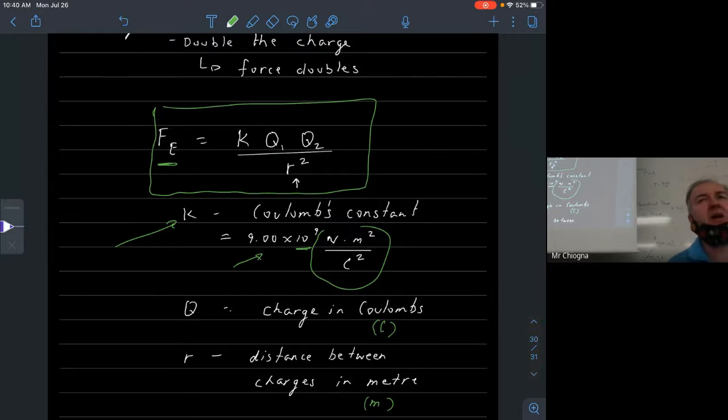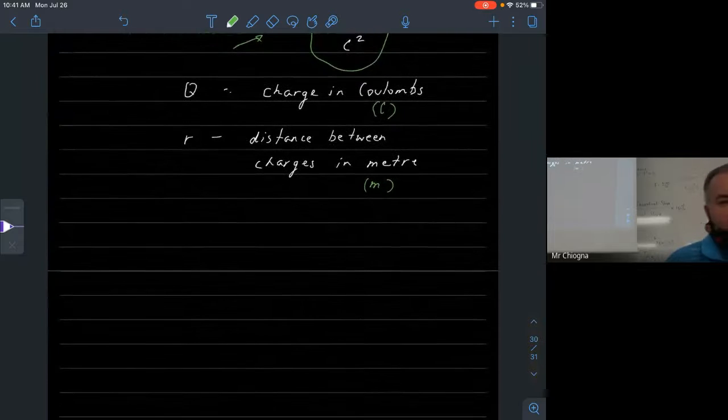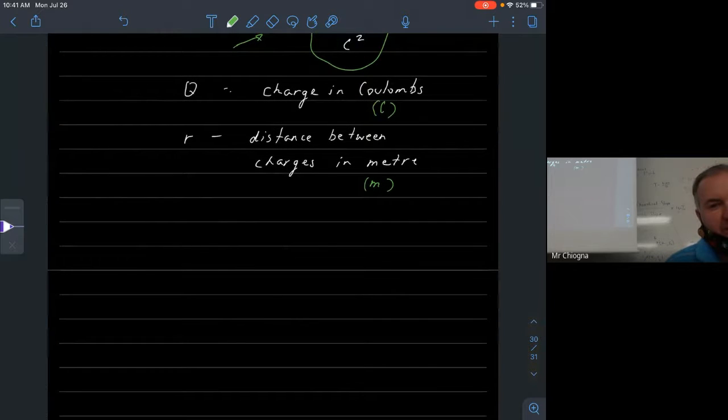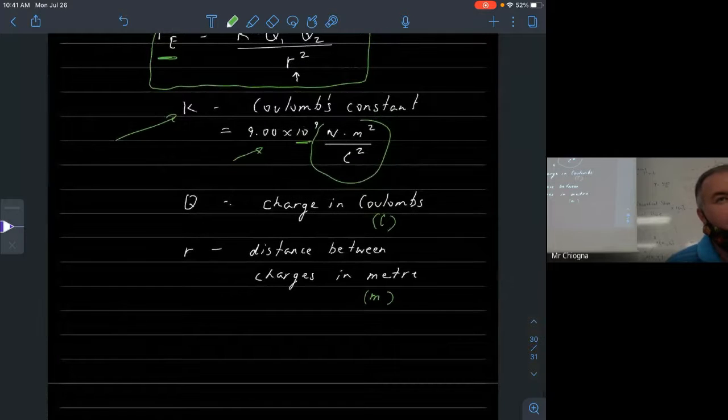The reason why you don't feel any gravitational force between you and the person sitting next to you is because you need huge amounts of mass to experience that force. Don't say anything insulting. But you do need huge amounts of mass to feel gravity. Not so with charge. You don't need much.